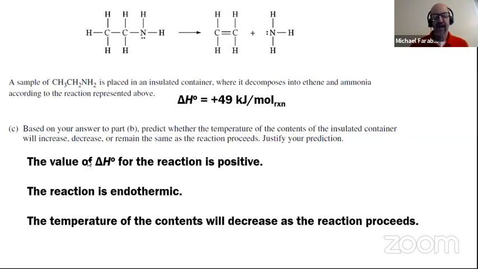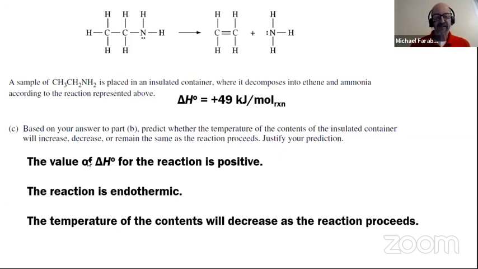So for all students that made the mistake in part B and thought it was exothermic by having a negative 49, which is wrong, they would have lost the point in part B. But if they go on to say that the value of delta H is now negative, the reaction is exothermic, and temperature would go up, they would get credit for part C for an answer that is consistent with the error that they made earlier.